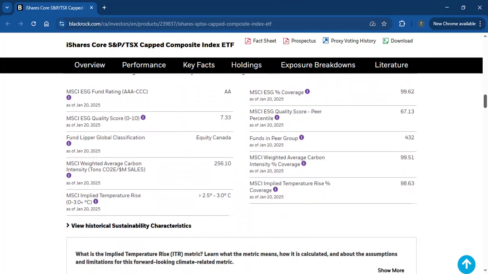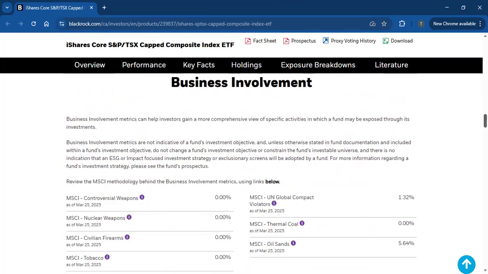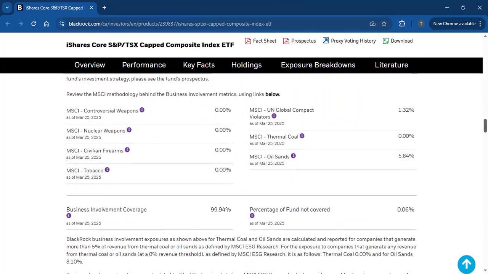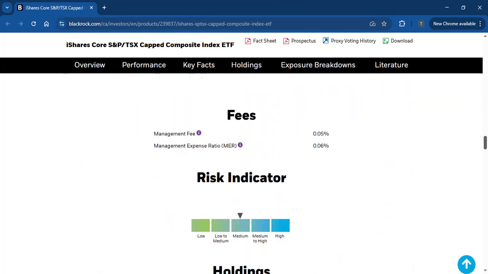So this one, let's go down and see the business involved. There are many businesses involved in these things, like financial, energy, and all those. The fee that you pay to manage this fund, the management fee, is 0.05%, which is a very, very small amount.